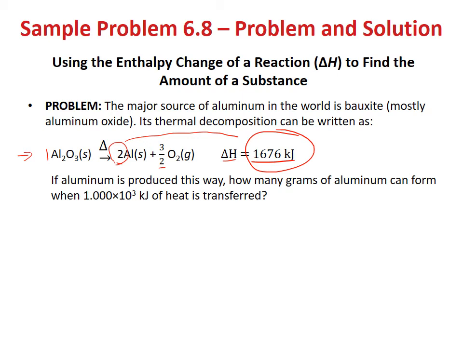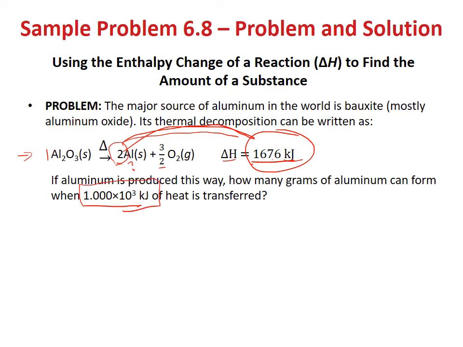So the question is, how many grams of aluminum can be formed by 1000 kilojoule of heat? We can use this equivalence as a conversion factor: 2 moles of aluminum is equivalent to 1676 kilojoule, and we start with this heat.